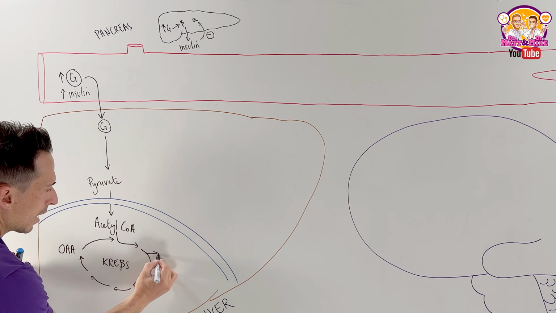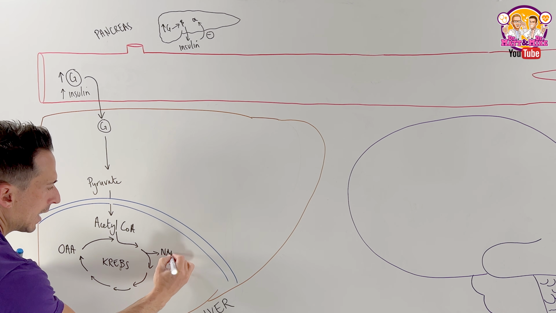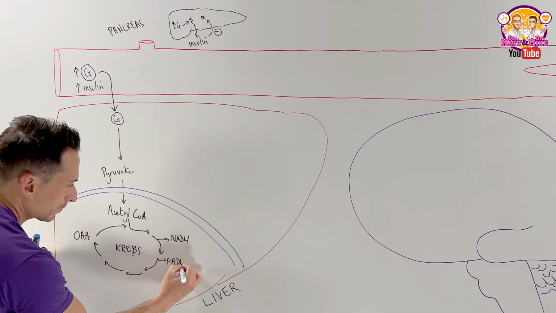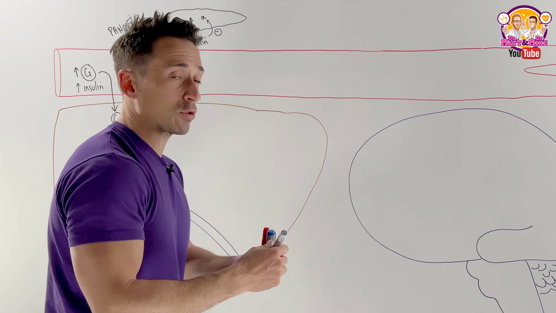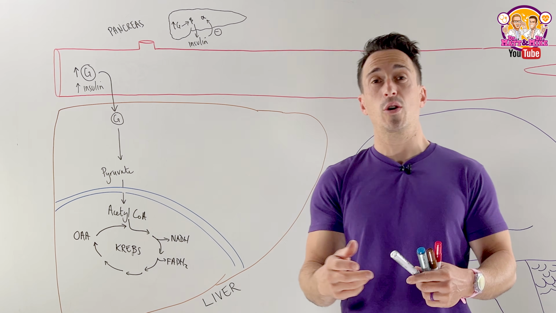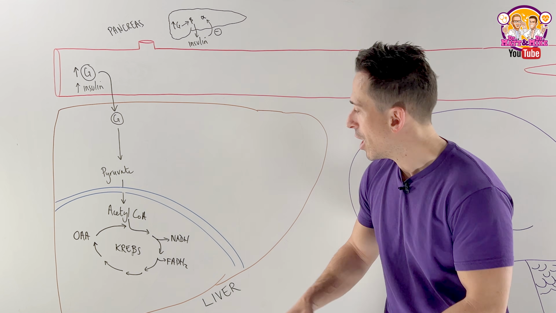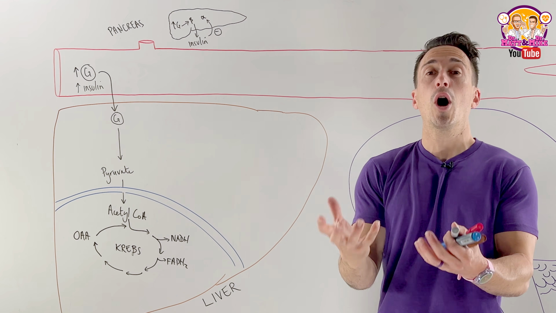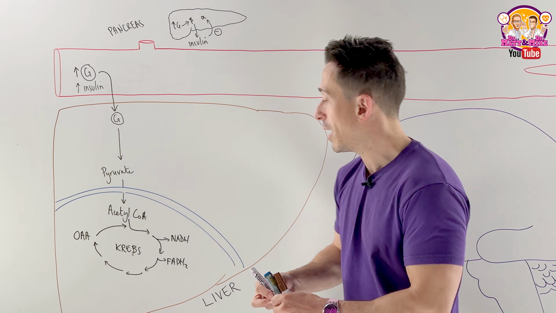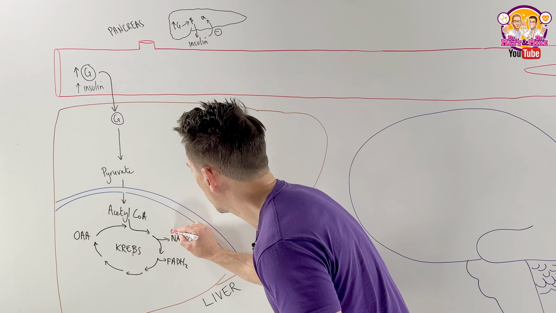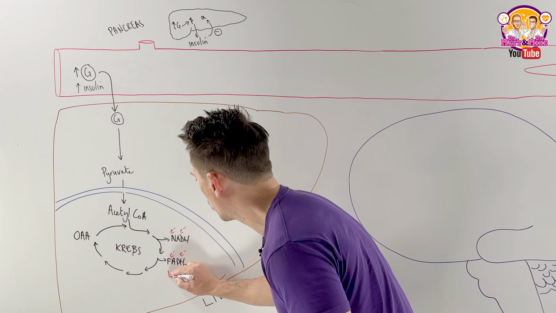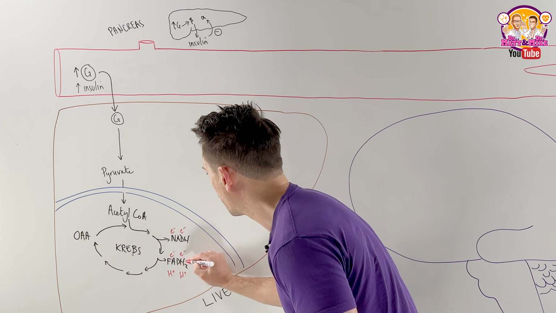These are NADH and FADH2. Now if you watch my electron transport chain video, or even the glycolysis video, or even the Krebs cycle video, you'll see that what these two molecules do is they simply hold on to electrons and protons. So they're holding on to electrons and they're holding on to protons.